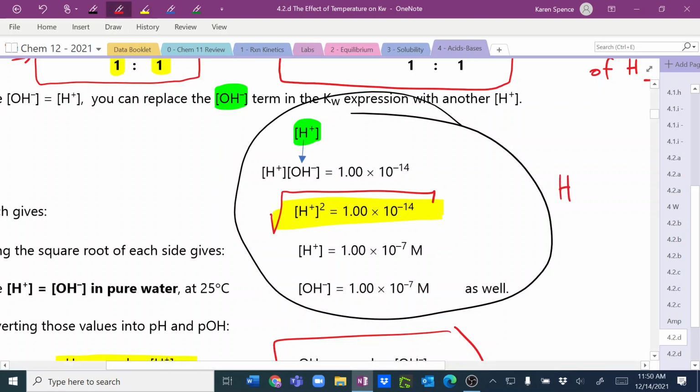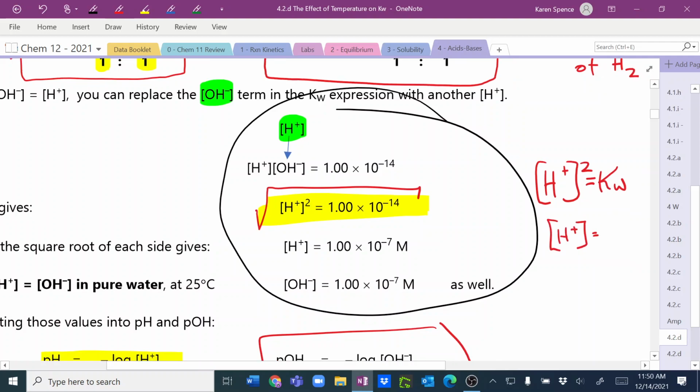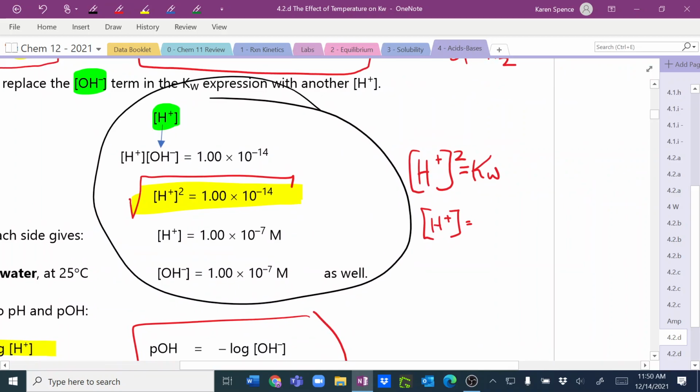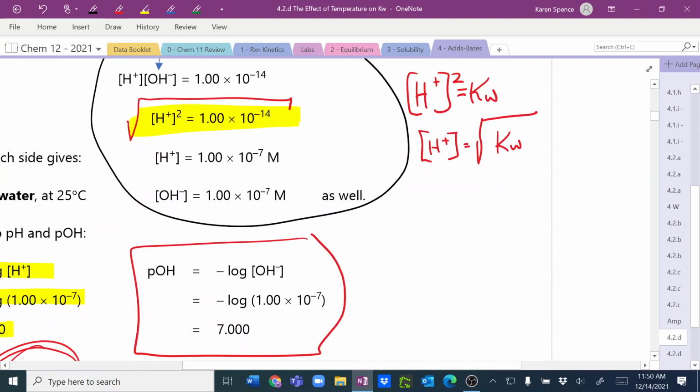So how would you calculate the concentration of H? You would take the square root of Kw. Yeah. Okay.